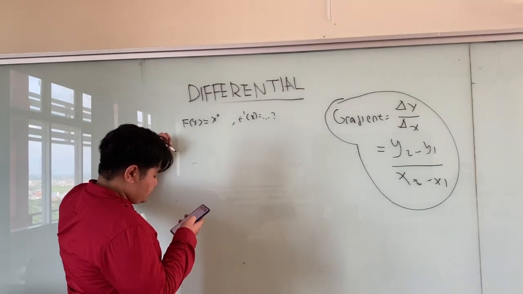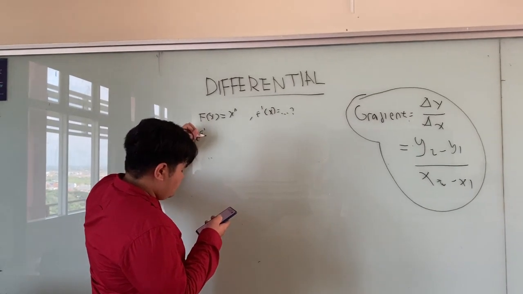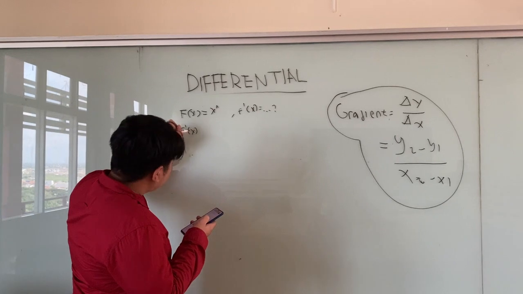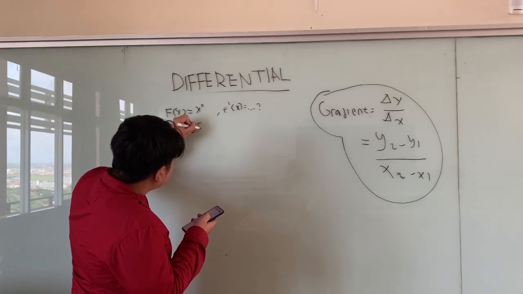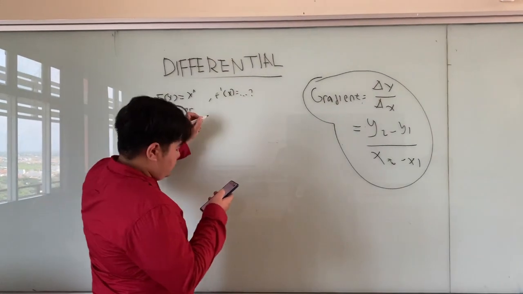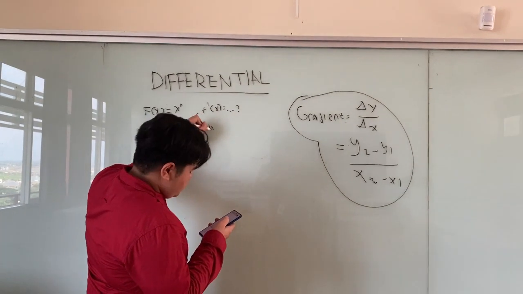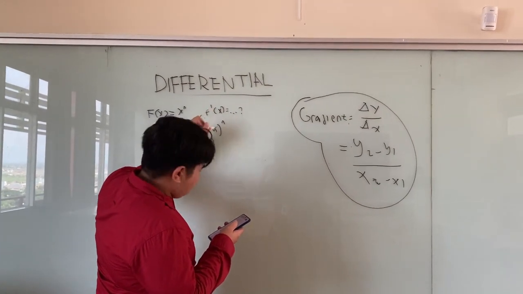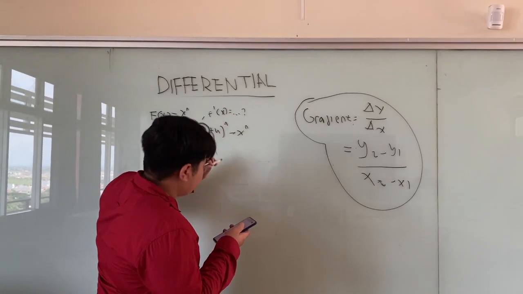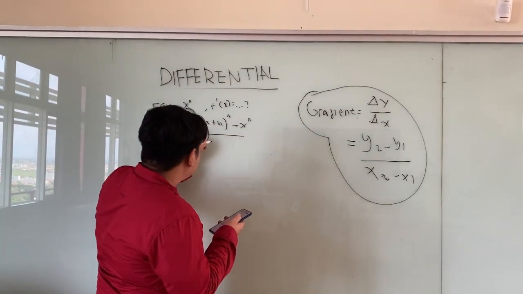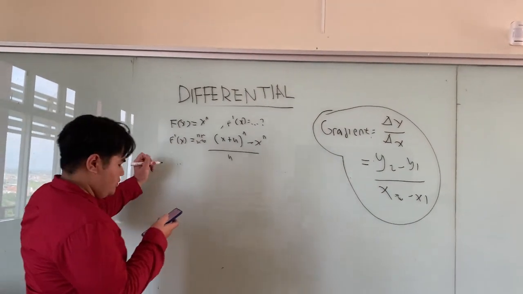First, we put here f'(x) equal to limit h to 0, and then x plus h power n minus x power n per h. And then after that we can break it down again.